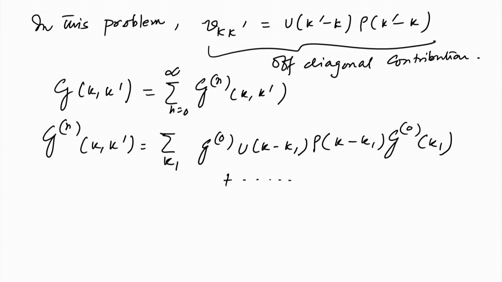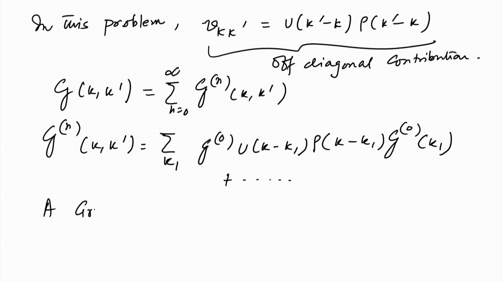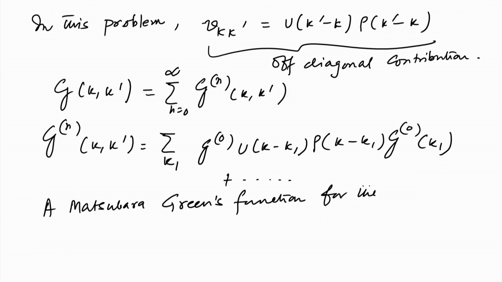So, one can iterate this solution, but in the first order this is the contribution coming from the off diagonal term, which comes specifically from disorder. So, we have been able to write down a Green's function, or a Matsubara Green's function, for the impurity problem.